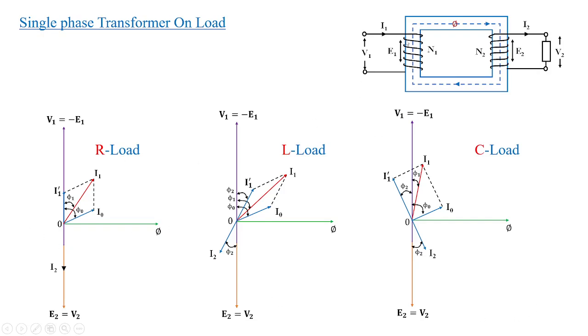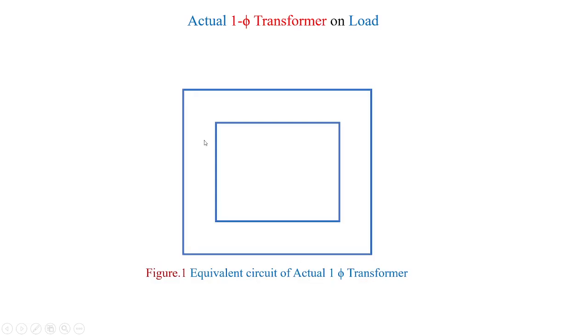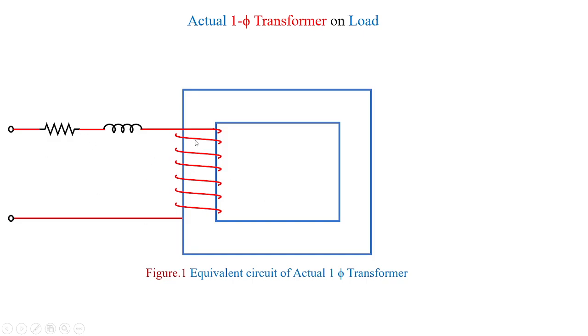Now what happens if we have windings composed of resistive and reactive components in the primary and secondary? To understand this, I can show you the equivalent circuit of an actual single phase transformer. You can see this is the core of the transformer where we have a primary winding, with a resistor and inductor shown in the primary winding, and we have the supply input voltage V1 supplying the current I1 in N1 turns, and E1 is the induced voltage, known as the self-induced voltage of the primary winding.